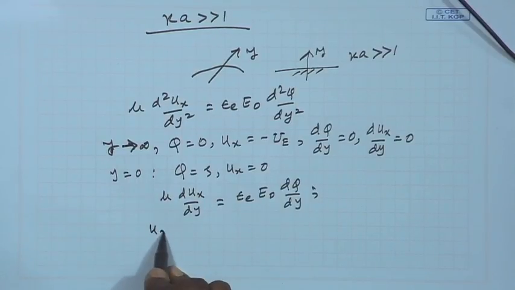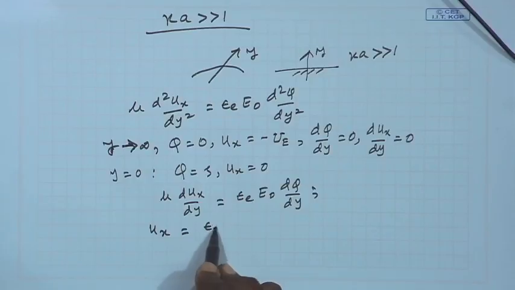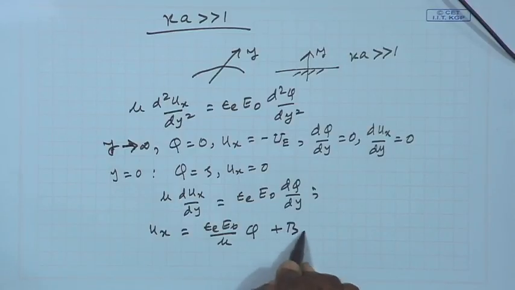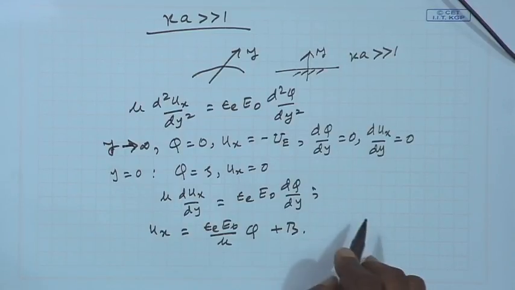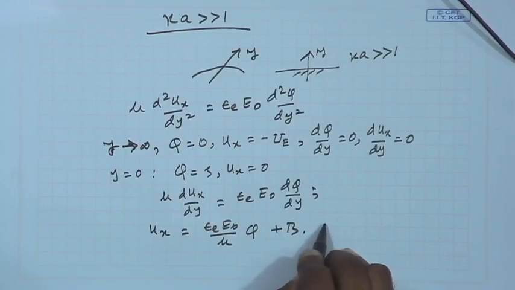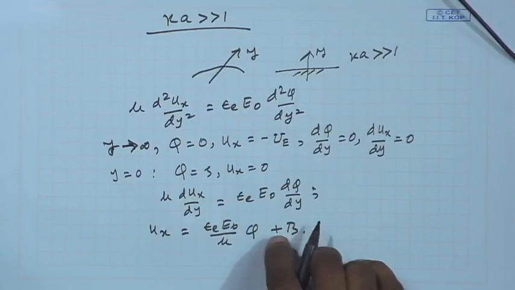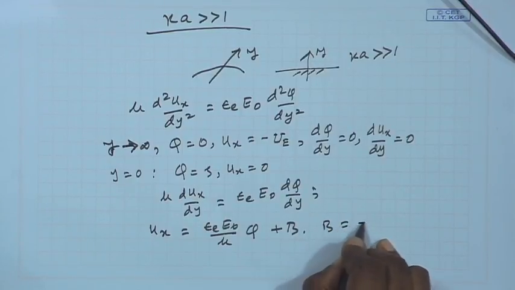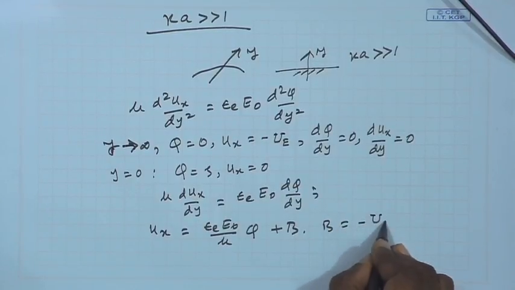Now, further integration, we get ux equal to epsilon e0 by mu phi plus b. Now, as y tends to infinity, ux equals minus ue and phi equals 0, so this implies b equal to minus ue.